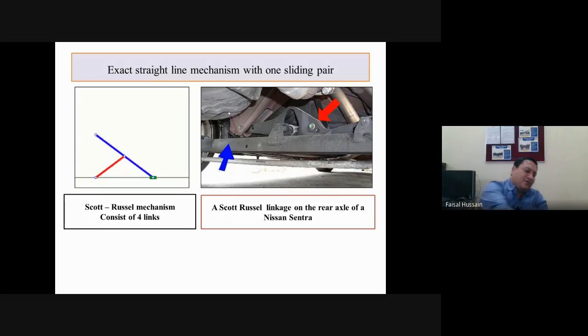Here you can see that if you eliminate this first portion, it is a single slider crank mechanism. So this is the connecting rod.